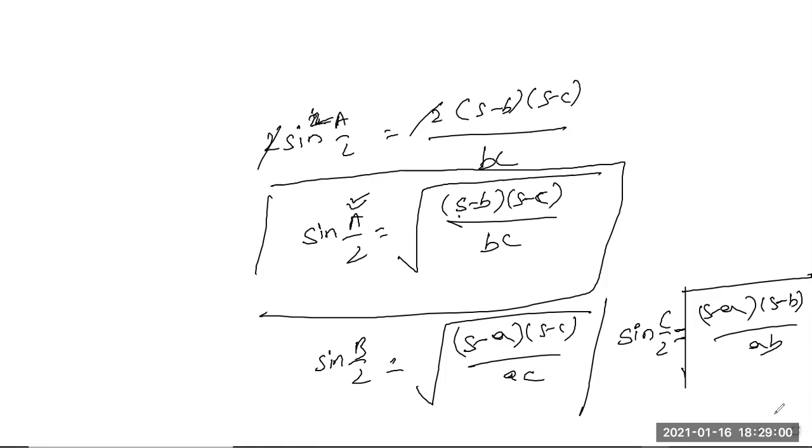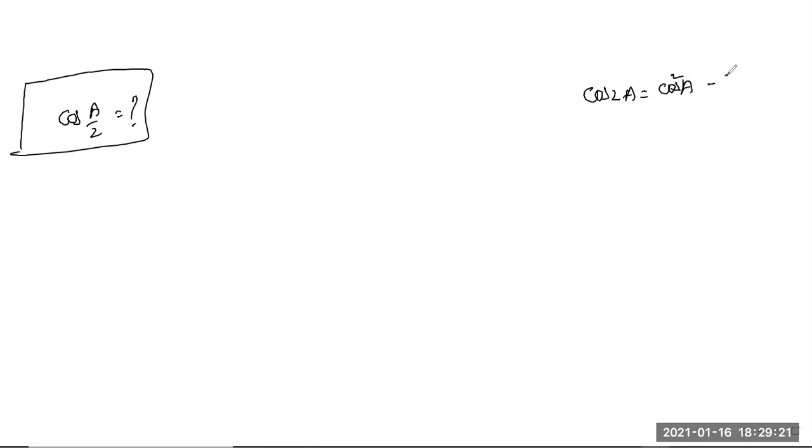Now how to find cos A by 2? Cos A by 2 in terms of a, b, c. Instead of taking 1 minus cos A, we know cos 2A is cos square A minus sin square A. Here sin square A can be written as 1 minus cos square A, because there is a minus symbol it will become plus.